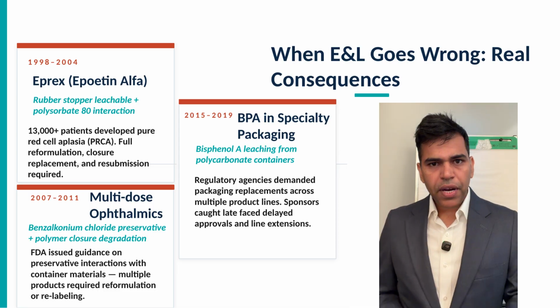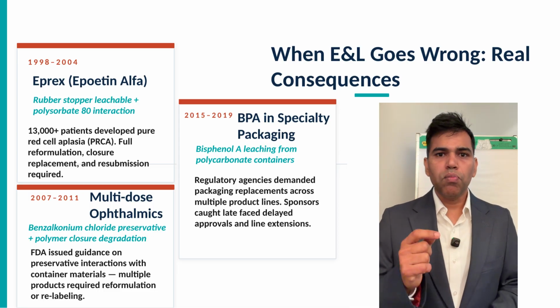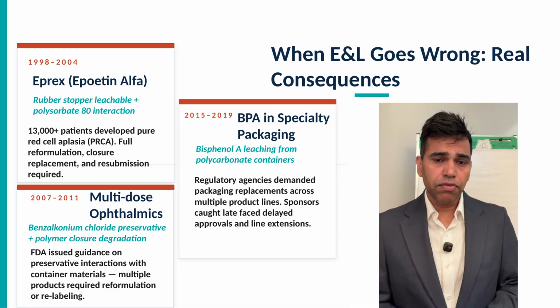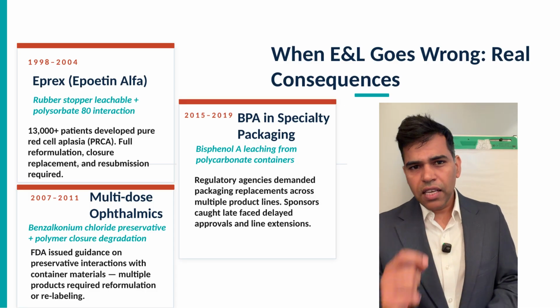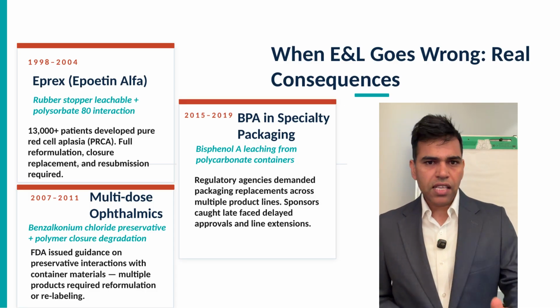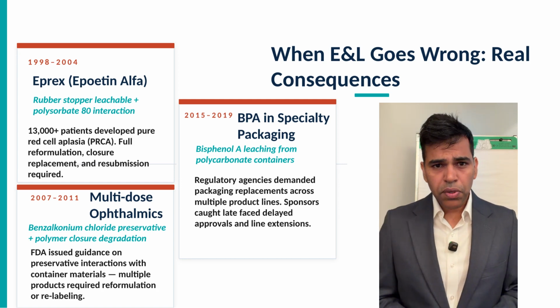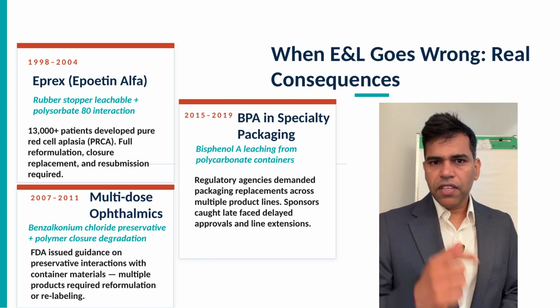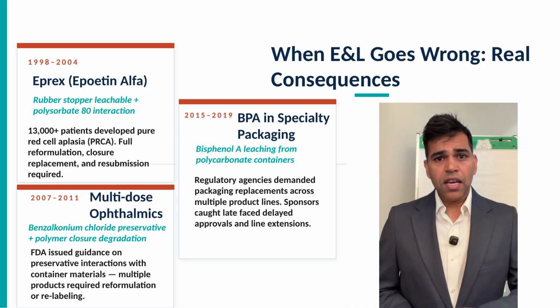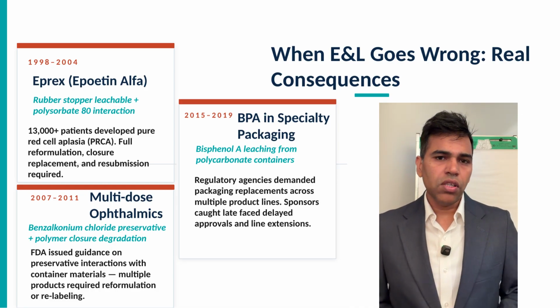The Eprex case remains the most cited example for good reason. An invisible compound at trace levels interacting with a newly introduced excipient caused a life-threatening immune response in over 30,000 patients.